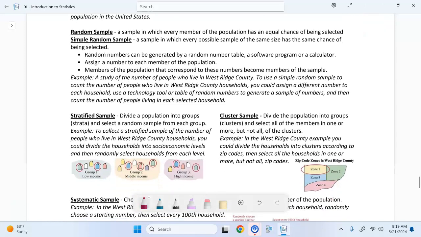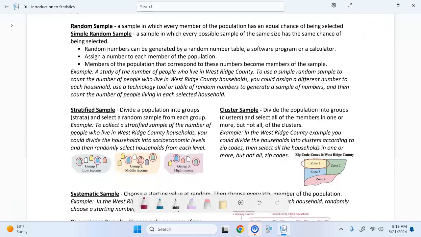So that's a very, very common one if you want to get an easy, unbiased sample. Doesn't require much extra work, but it still gives you some fairly unbiased results.